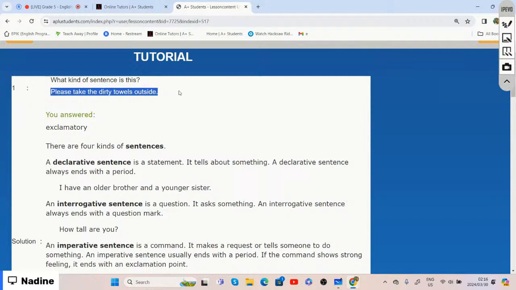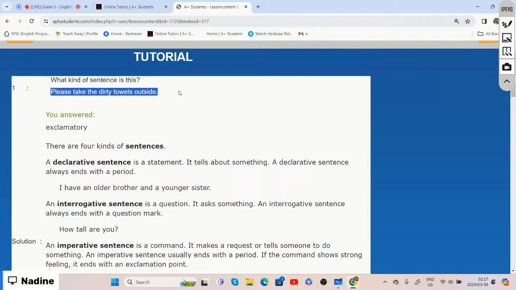It says, please take the dirty towels outside. What kind of sentence is that? What do you think? All right.